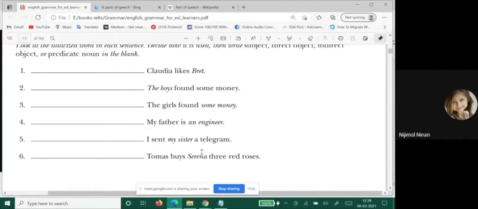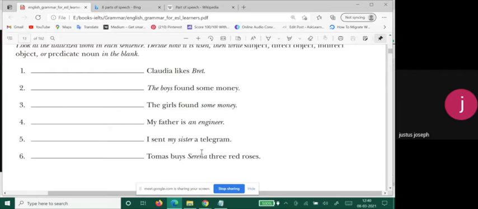Okay. Thomas buys Serena 3 red roses. Ask yourself the question. What is the question? What did Thomas buy? What is the answer? 3 red roses. So that becomes the direct object. And what is left there? Serena is left. So what is Serena? Indirect object. Okay.